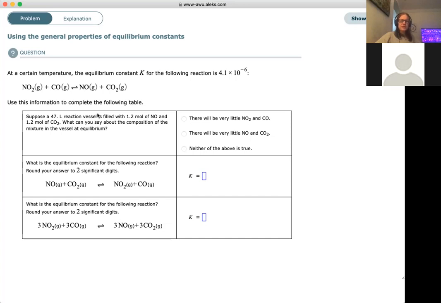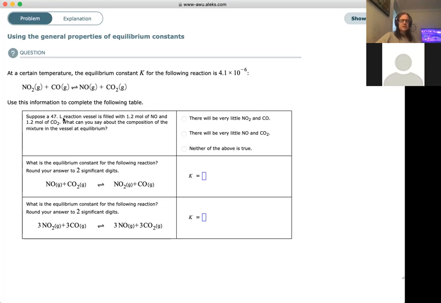The chemical equation is NO2 gas plus CO gas, so that's nitrogen dioxide plus carbon monoxide, are in equilibrium with nitrogen monoxide gas and carbon dioxide gas. Use this information to complete the following table. Suppose that 47 liters, okay, we're talking about gases here, so they're giving us volumes.